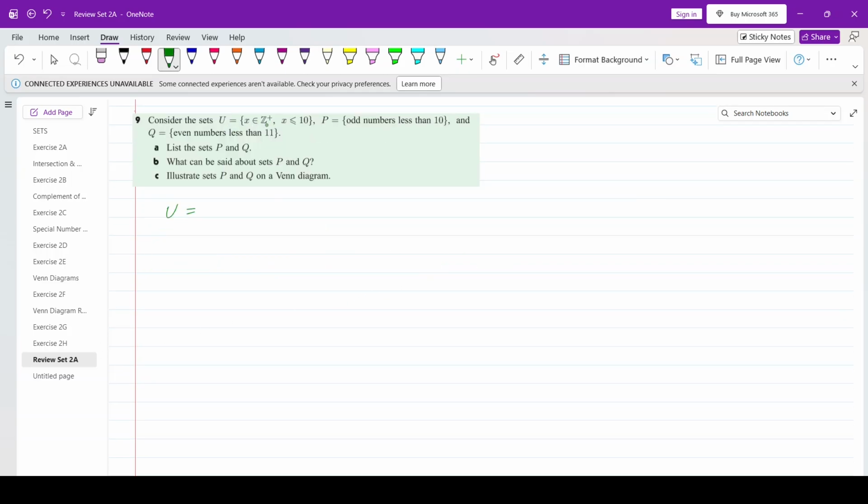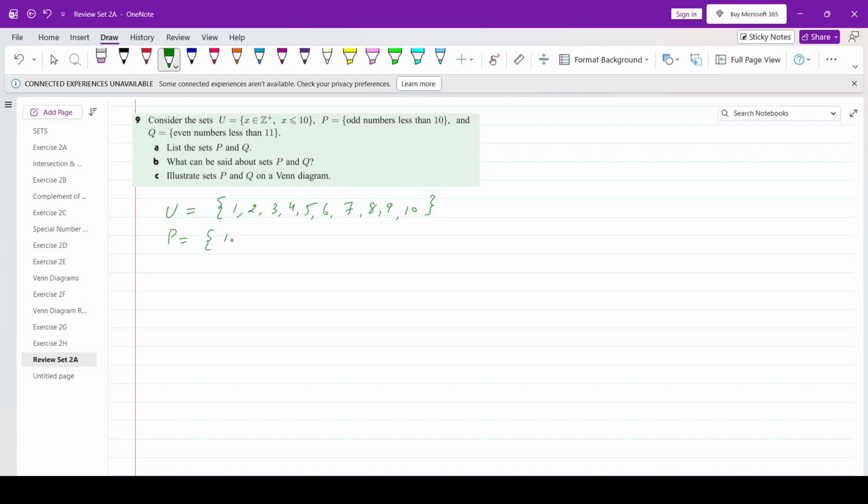U is a set of all positive integers such that those integers are less than or equal to 10. That is 1, 2, 3, 4, 5, 6, 7, 8, 9, and 10. So this is U. P is going to be odd numbers less than 10.